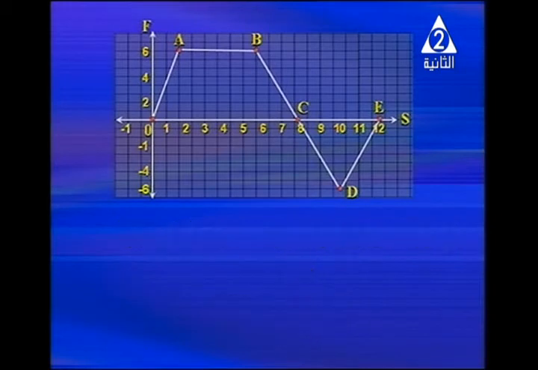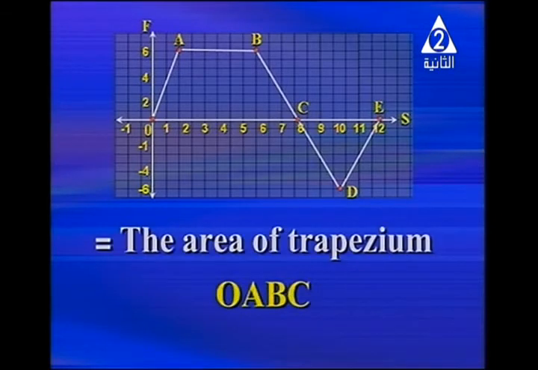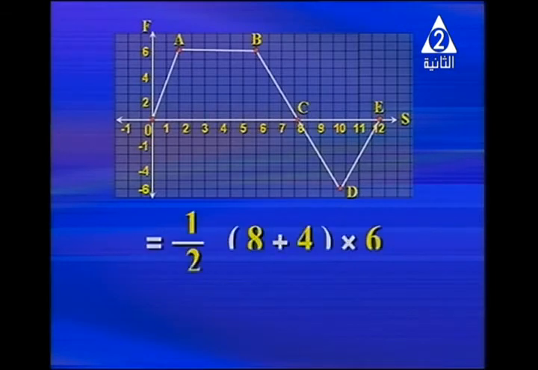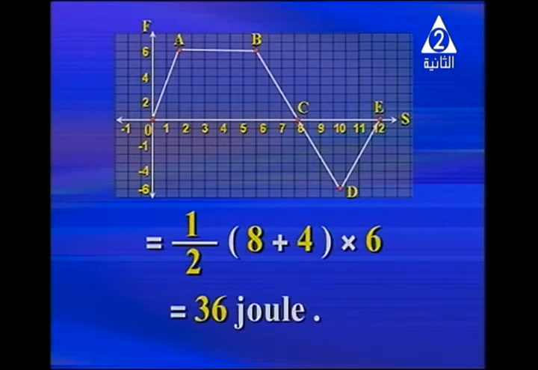The area of trapezoid OABC equals half the sum of the two bases times the height, equals half times the bracket containing 8 plus 4, times 6. The answer is 36 joules.